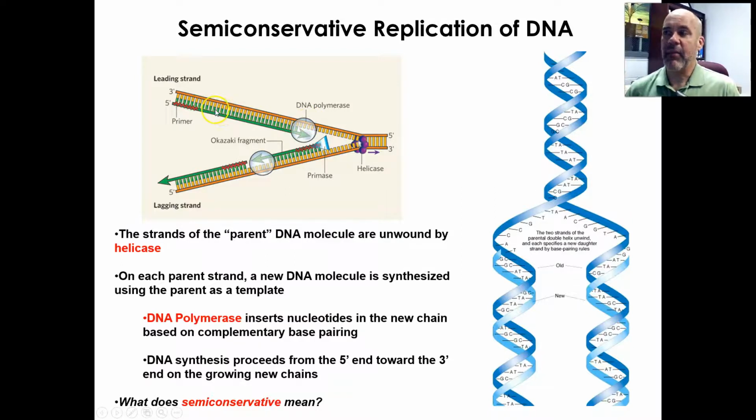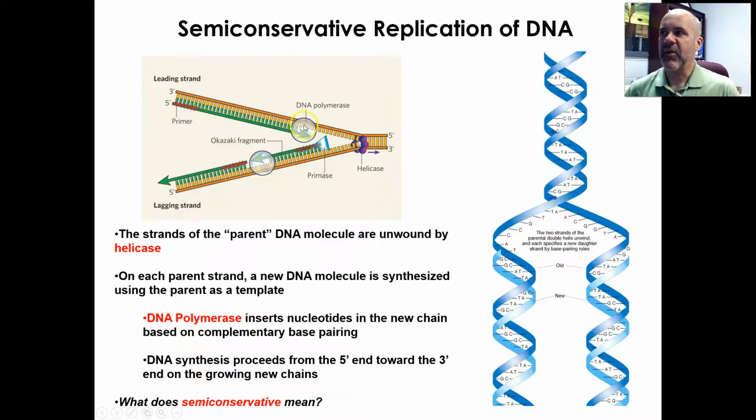Now what's going to happen over here? Notice down here, DNA synthesis proceeds from the 5' end toward the 3' end on the growing new chains. So DNA synthesis always goes from 5' to 3'.